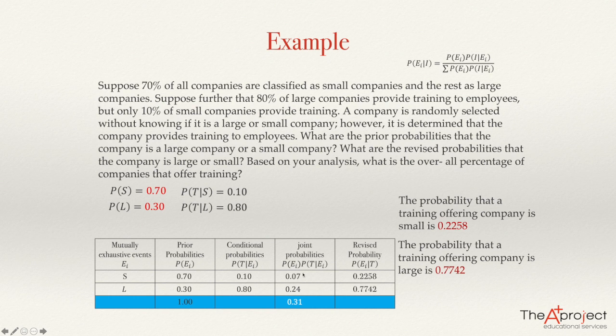So adding these two numbers answers the third question. What is the percentage of companies that offer training? 31%. So the overall probability that a company offers training is 0.31 if you want to answer this as a probability. Or you can say that 31% of the companies provide training.